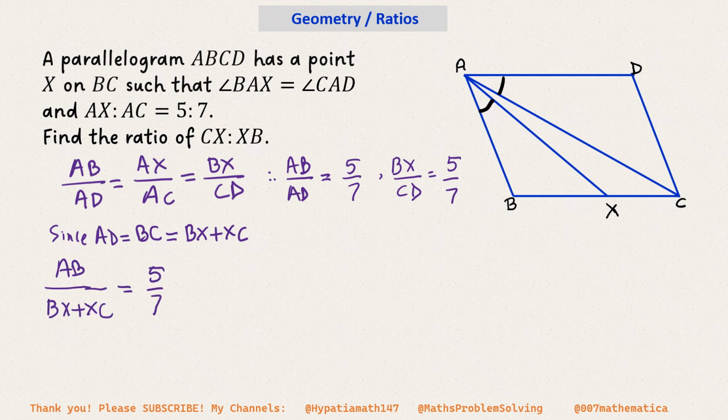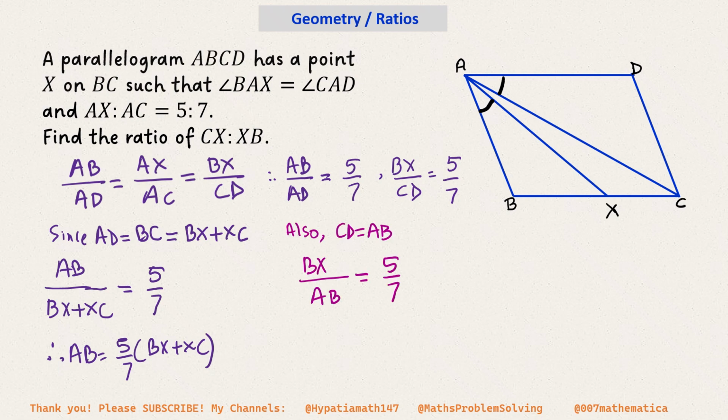So I get AB out of BX plus XC equals 5 out of 7. So AB is 5 out of 7 times BX plus XC. We leave it at that, we'll be using it.